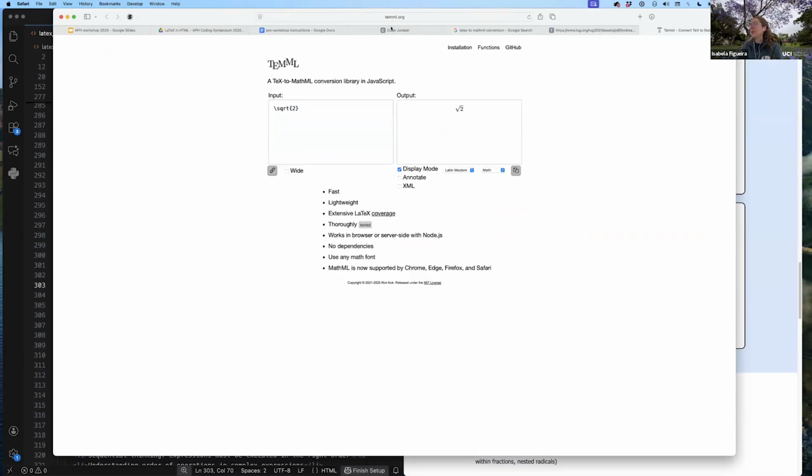This is temml.org, and you can display it in different formats. So if you're using this for code, you can get the code in different ways here, but this doesn't convert it to Braille. But I do know that there are converters for LaTeX to Braille.